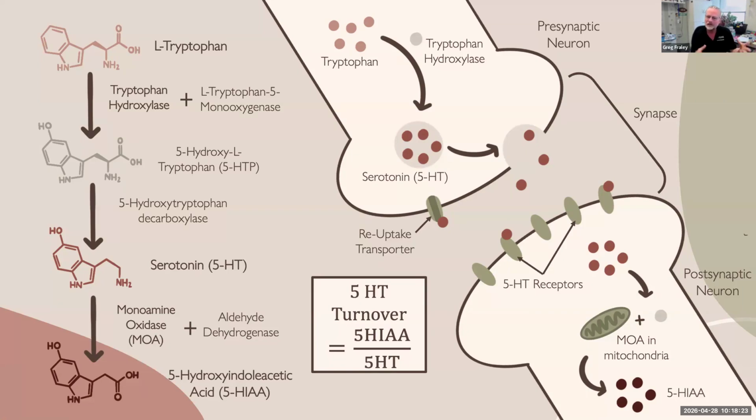And so serotonin in any given synapse can either be in these vesicles, or it can be released into the synapse where it acts on its receptors. And serotonin has a boatload of different receptors. So it's very, very complicated. But it can also be recycled by these reuptake transporters and repackaged to be reused later, or it can be broken down into 5-HIAA in the presynaptic membrane. It can also be broken down by the postsynaptic membrane into 5-HIAA.